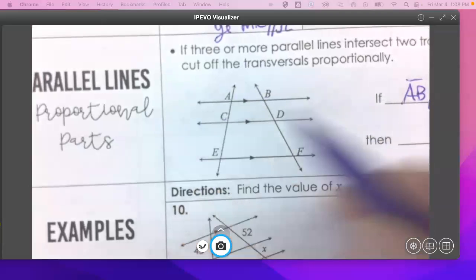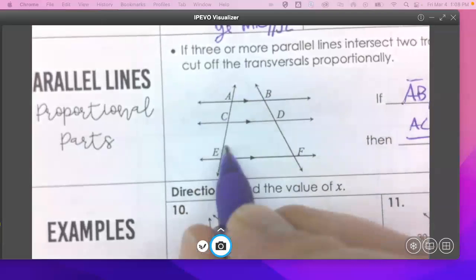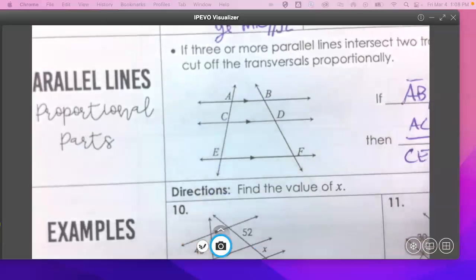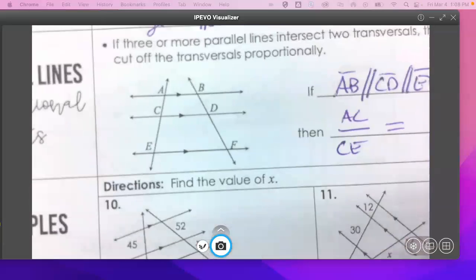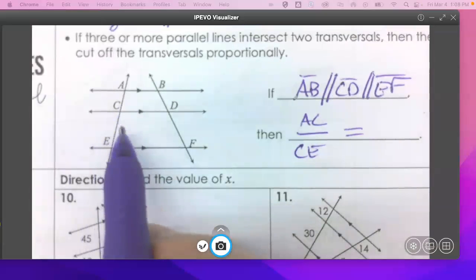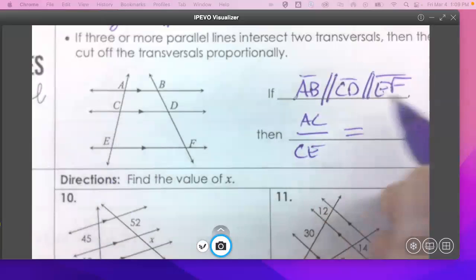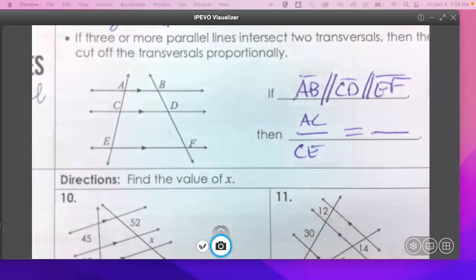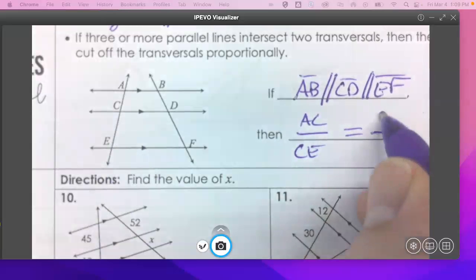are proportional. So AC is to CE as what? AC is to CE. What's the other ratio? Very good.